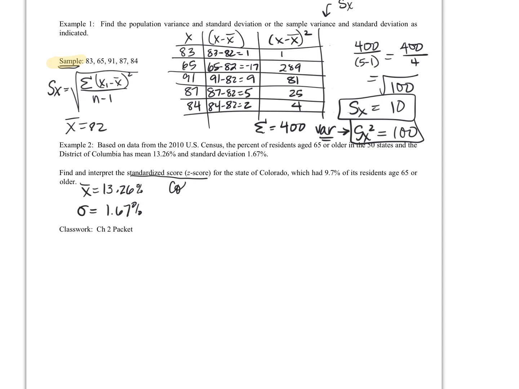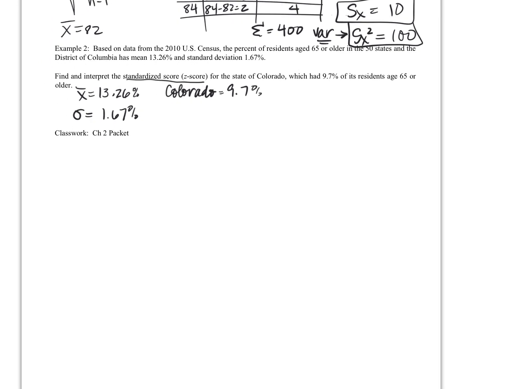So Colorado. So what is this saying? What this does is resets the scale. If I was drawing a normal distribution, the mean would be in the middle. So if this was 13.26, Colorado falls down here somewhere.